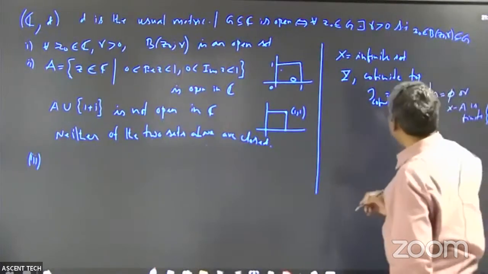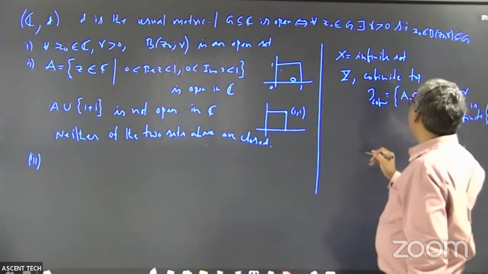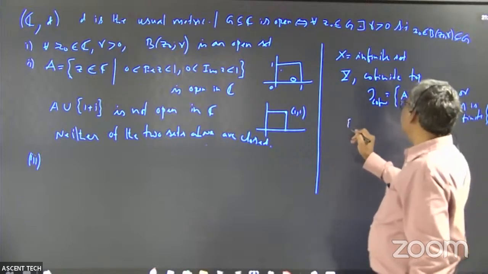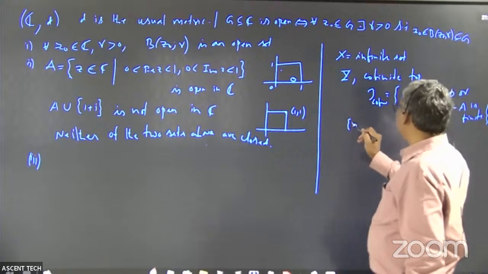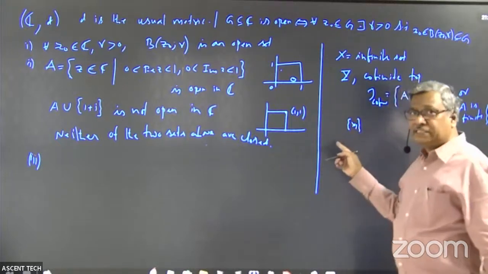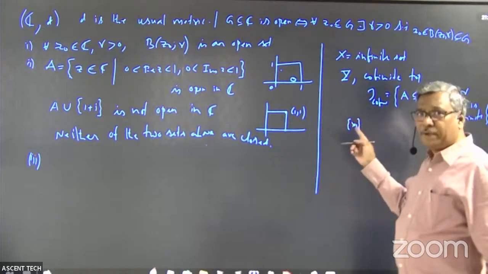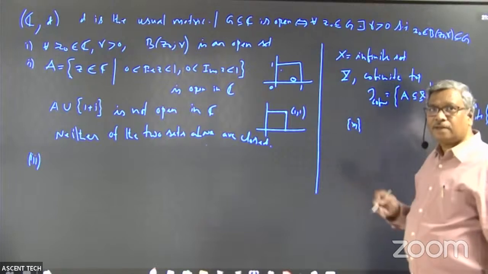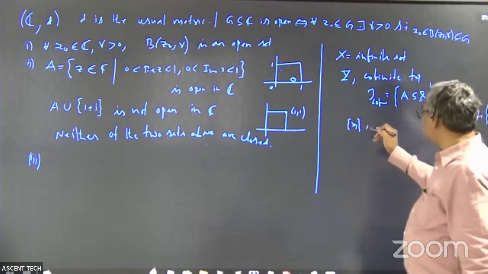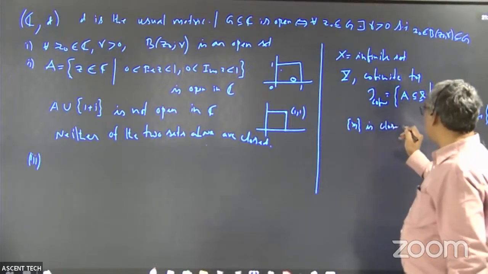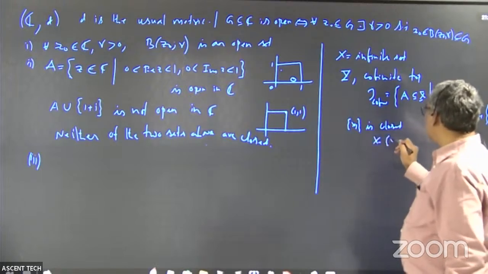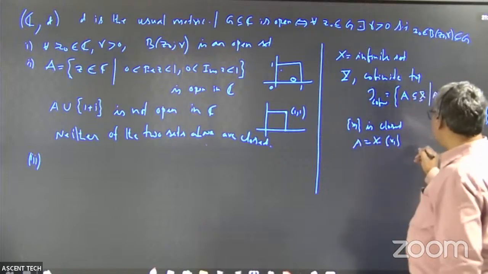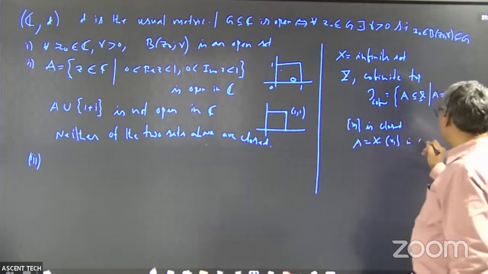Suppose I take that. Now, if you take any finite set, just take one element in it, the set containing x1. This is closed because its complement is open. Why? X minus {x1} is a set whose complement is finite, so it is open.